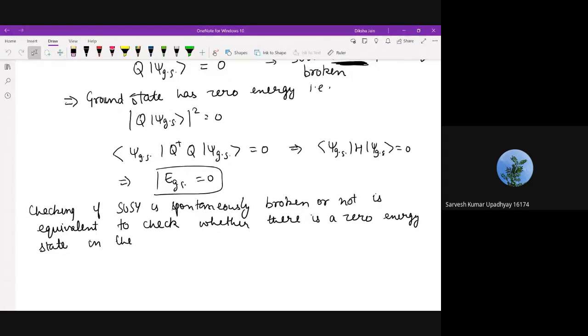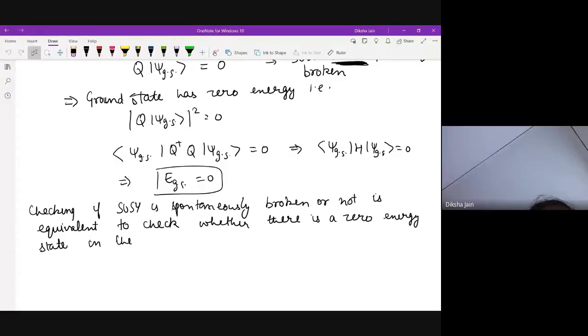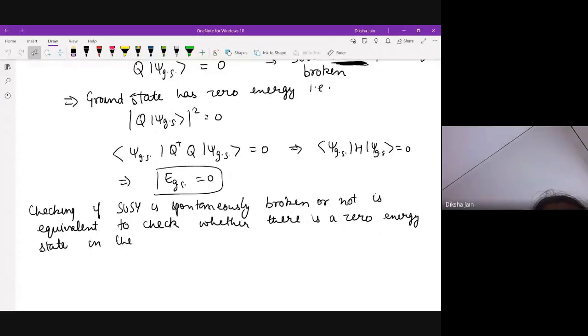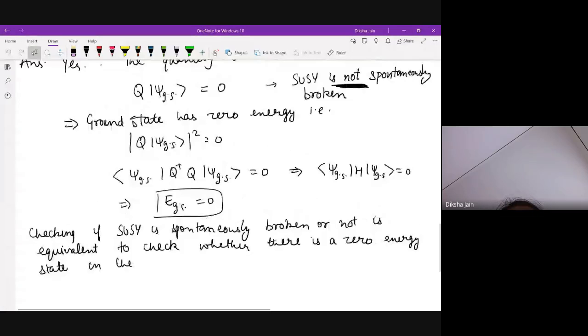Can we say that if a symmetry is getting broken, it does not matter whether the symmetry was ordinary or a supersymmetry? It's the same thing. The spontaneous breaking story that Diksha described is true for any bosonic or fermionic symmetry. It's the same story. But there is a difference between explicit breaking and spontaneous breaking.